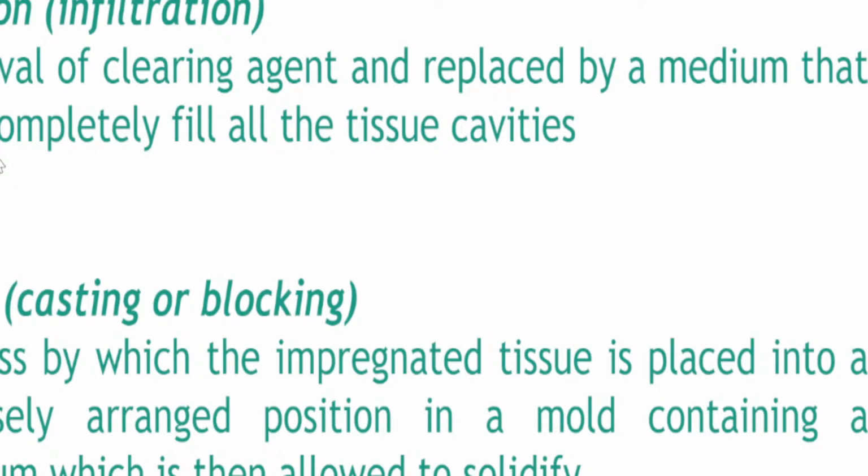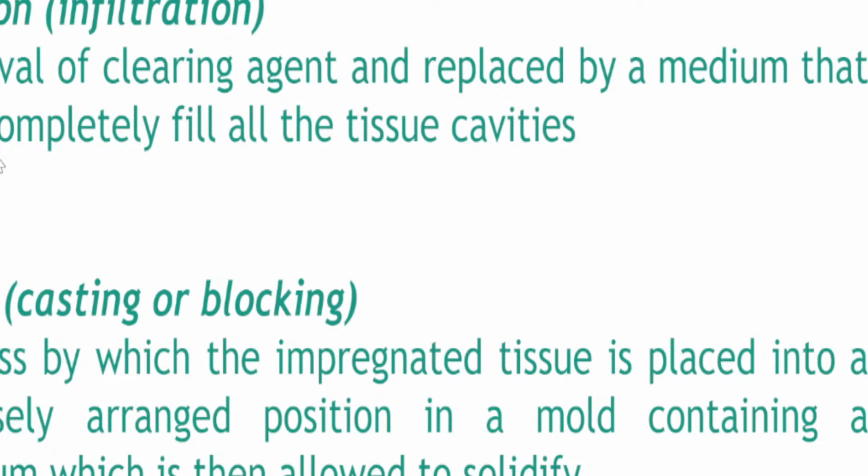Okay, so most students have a problem with differentiating between impregnation and embedding. In impregnation, what you want to do is remove the clearing agent. So you replace the medium, and you soak it in a hot bath of paraffin. By that methodology, the clearing agent will mix with the paraffin. That's the reason why you need a clearing agent that is miscible with paraffin.